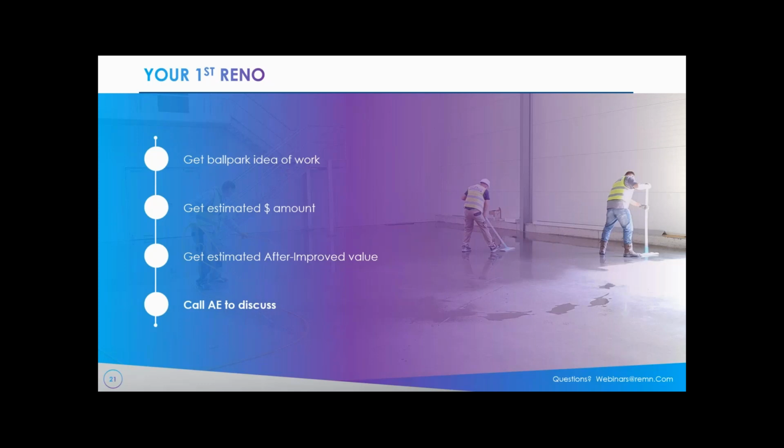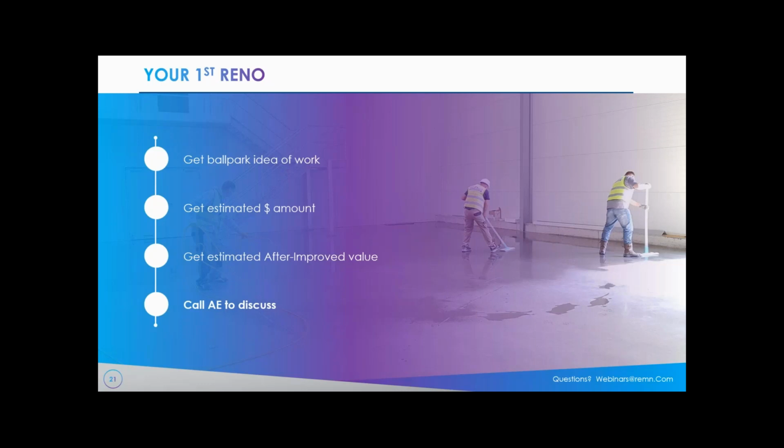Just a casual conversation, right? And how much is that? Is that $5,000? Is that $100,000? Okay, it's all relevant to which program we go with and how we structure the deal. But you don't need to get overwhelmed. Just get a ballpark idea. Also get a ballpark idea of the after improved value. Once we do all this, how much is the home going to appraise for?